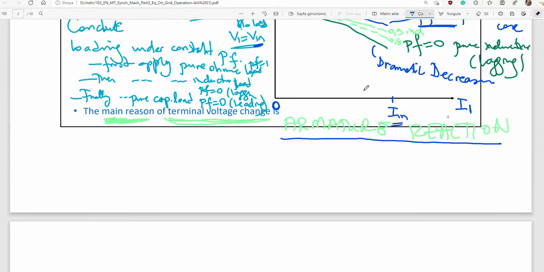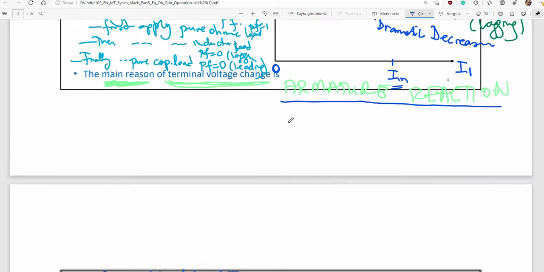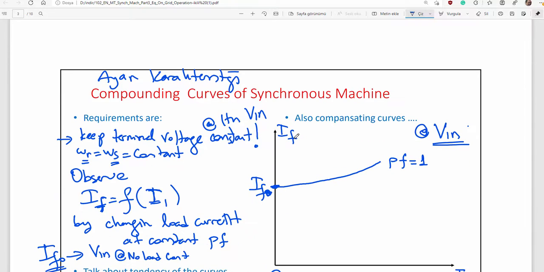Here you see some voltage drop depending on the load current under pure ohmic loading conditions. So to keep voltage constant, you should compensate that voltage drop by increasing field current. Here you see how to increase field current to keep output voltage constant.